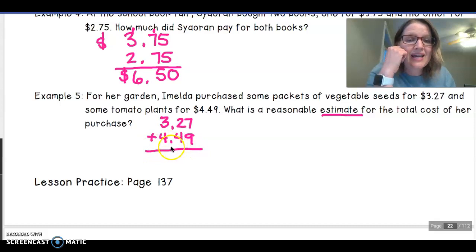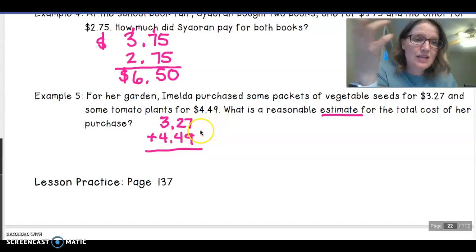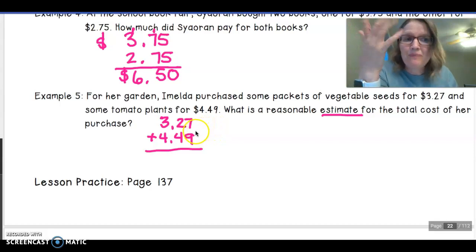But I think that there is an easier way on this. I personally would use a compatible number. I could say $3, but I think it's just as easy to say $3.25. I like adding 25 cents to it.